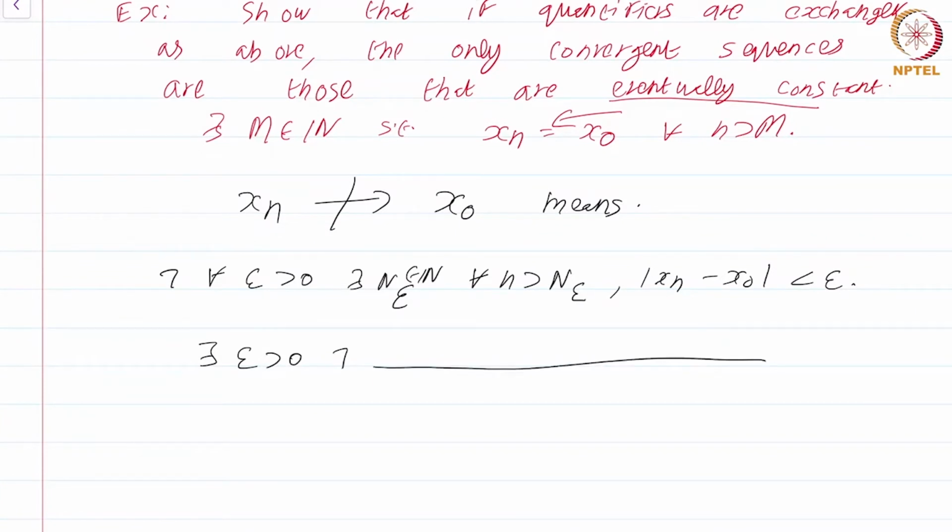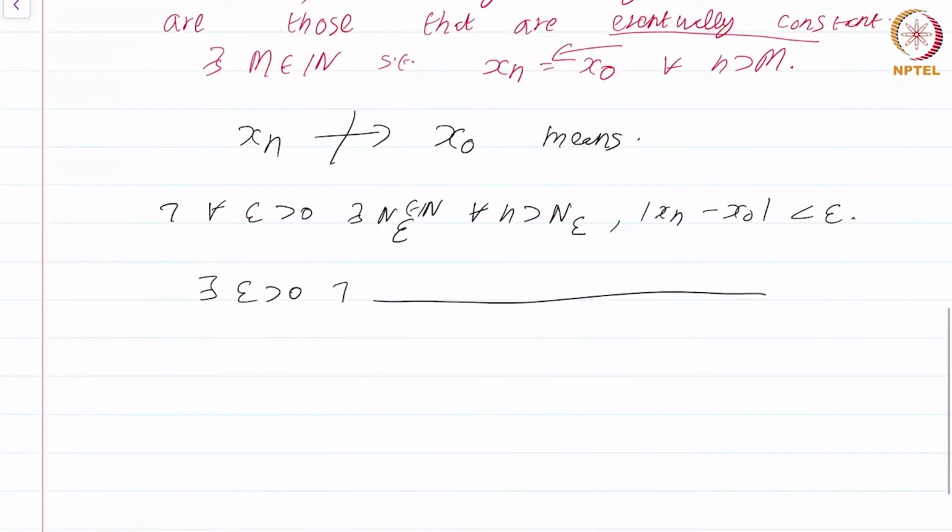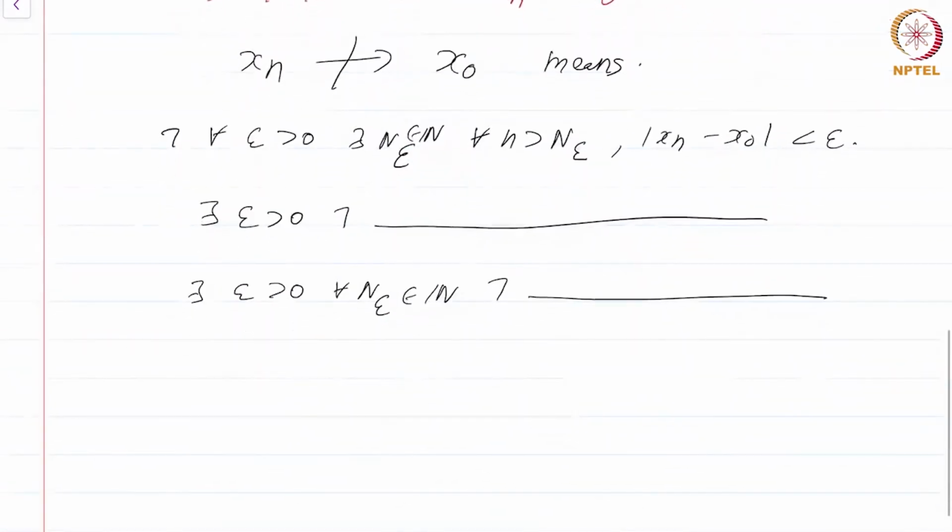Now you push it inside the part there exists n_epsilon in N. So that will give you there exists epsilon greater than 0, for all n_epsilon in N, then the negation of the rest. Well, what's the next step?